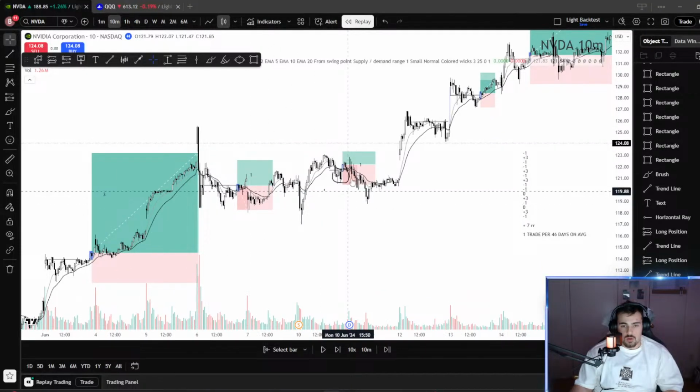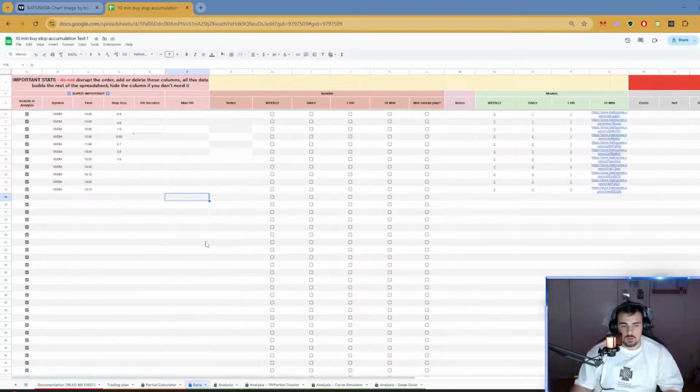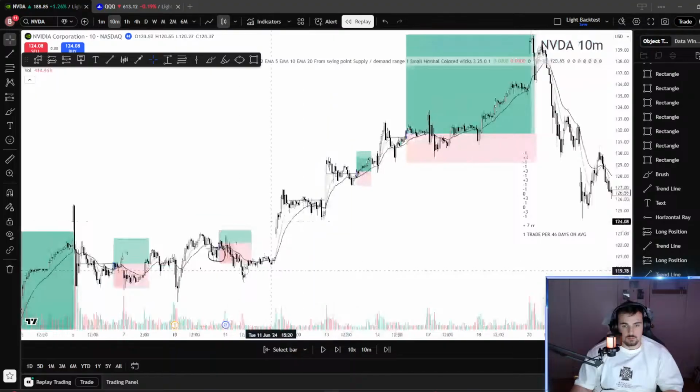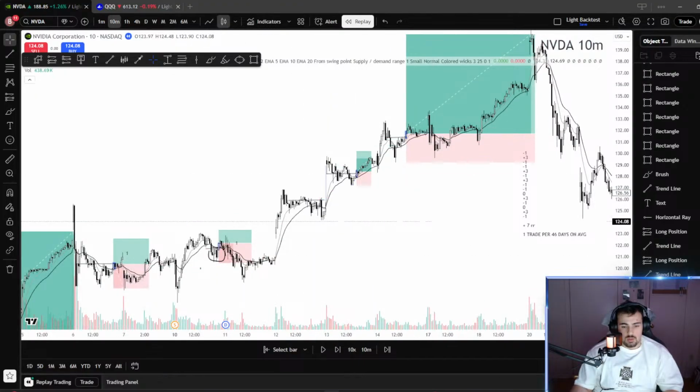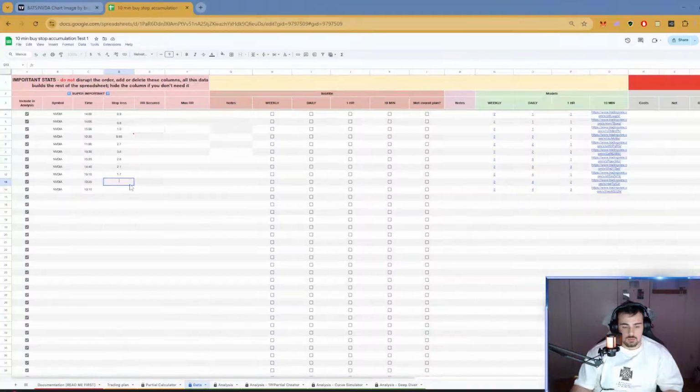It's $2.12. $1.72. 1.23, 2.51. So we have stop losses of all kinds of sizes here.